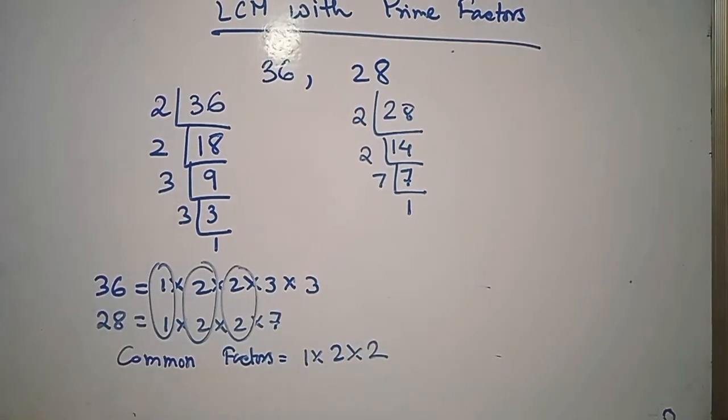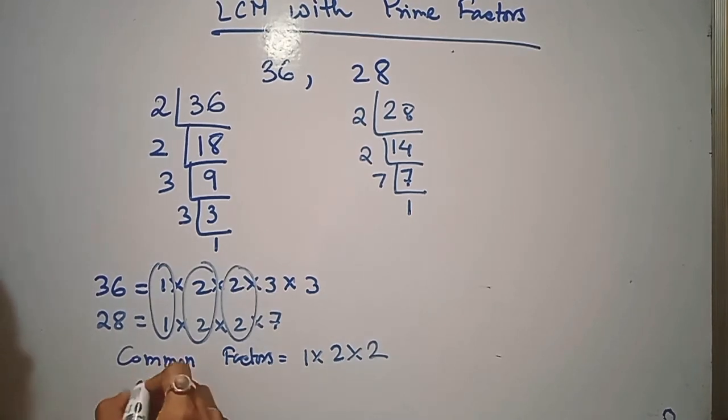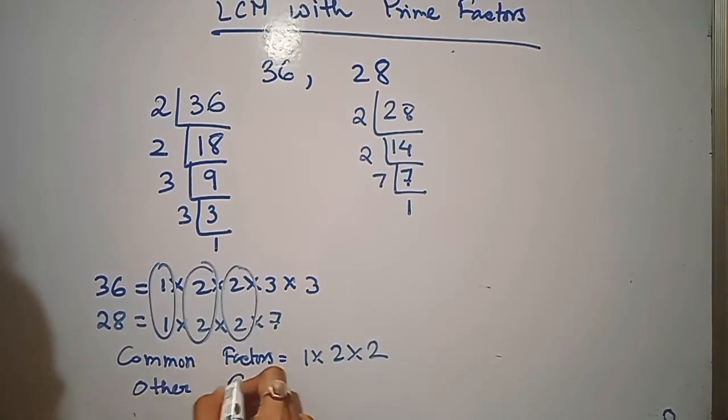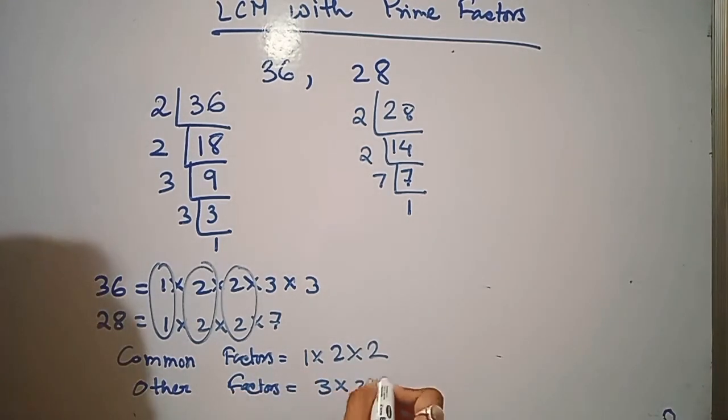So 1 into 2 into 2, these are common. But as I can see, in the case of 36 there are 3 into 3, and in 28 we have a 7 there, which are not common in both cases. So those are other factors. So those are 3 into 3 into 7.